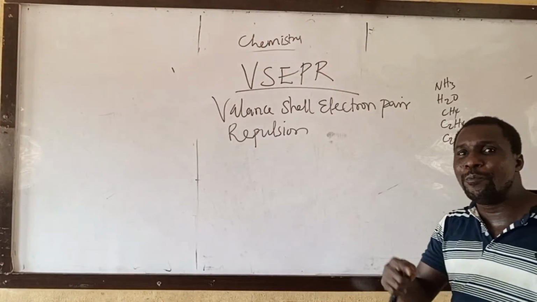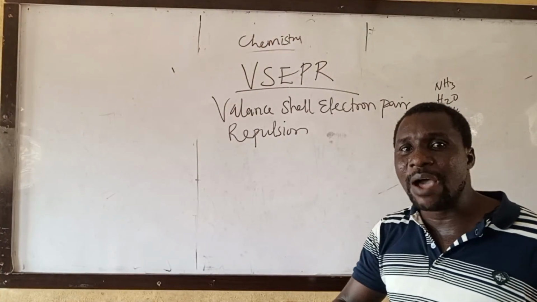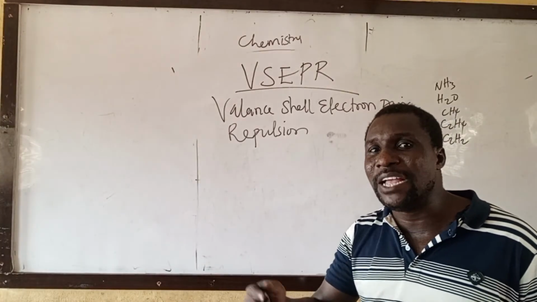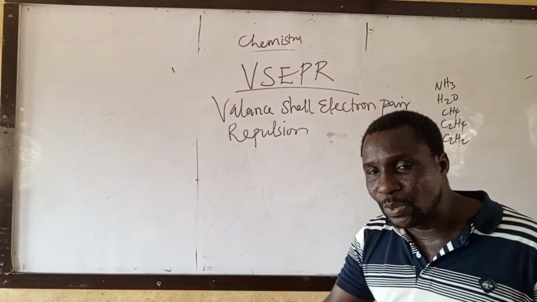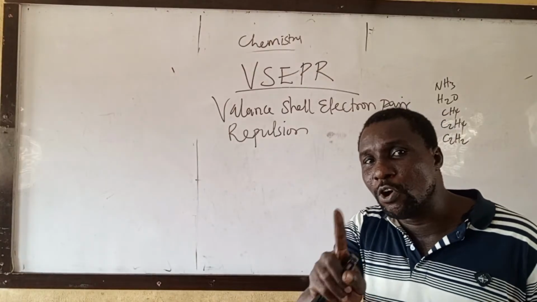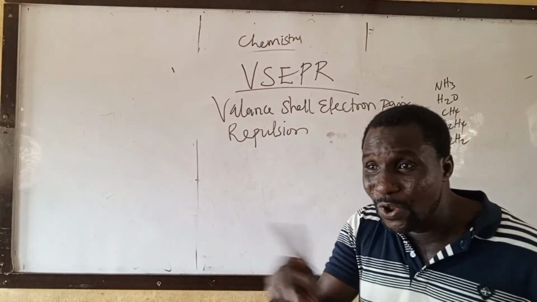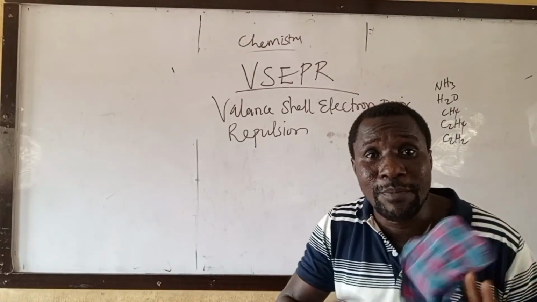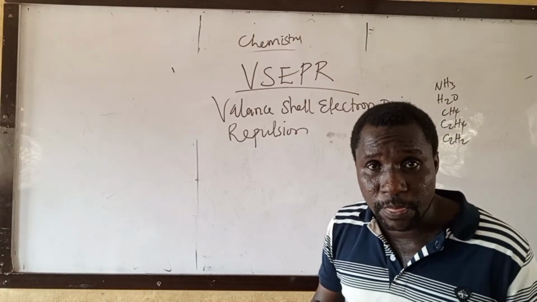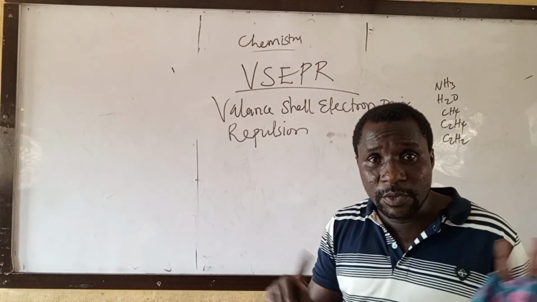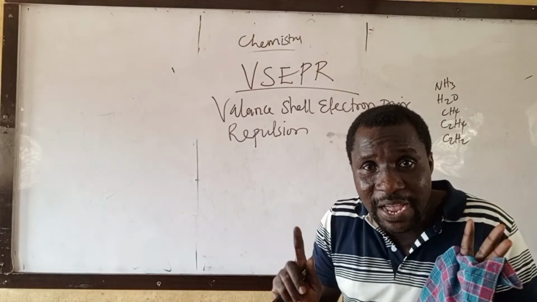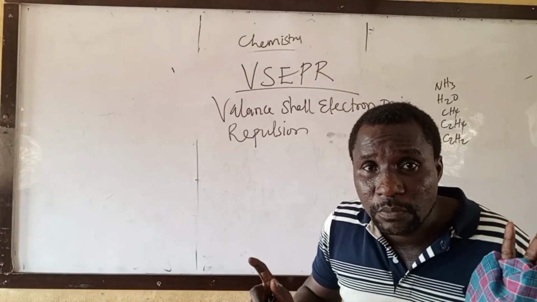We have geometry shape and we have molecular shape. Take note. In WAEC and JAM, they only want you to know molecular shape. You don't need to bother yourself about geometry shape. In JAM, in your scheme of work, and in WAEC, they didn't require geometry shape.